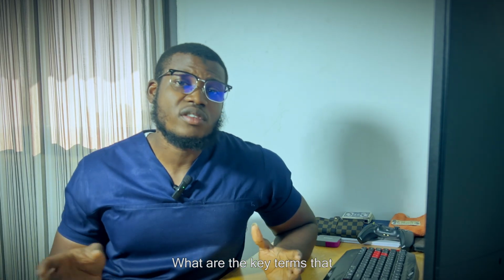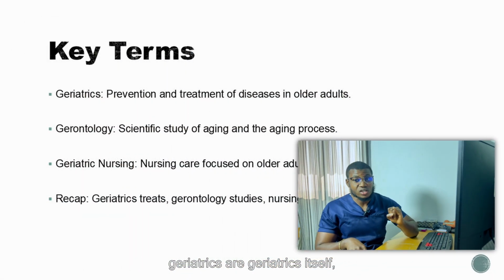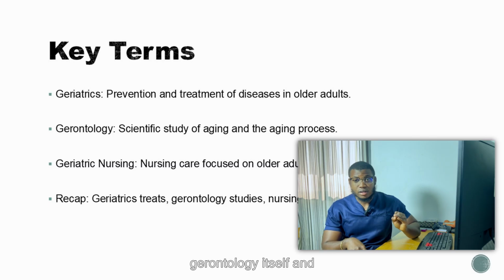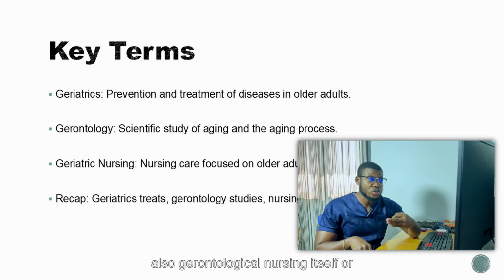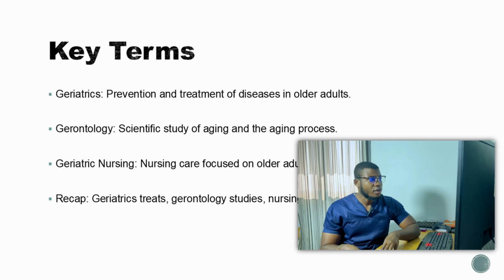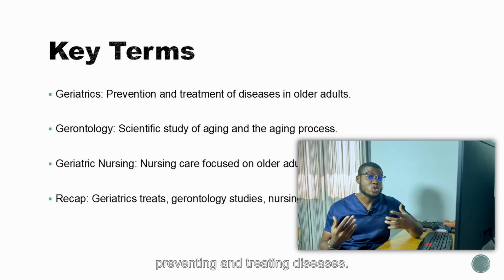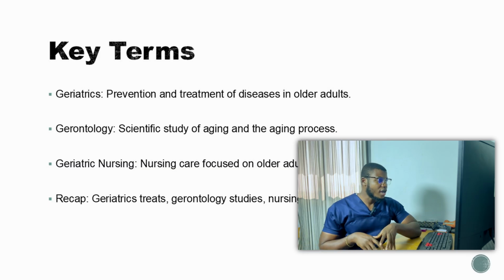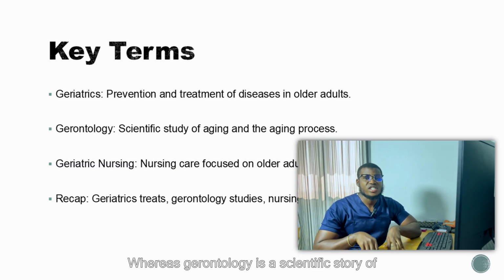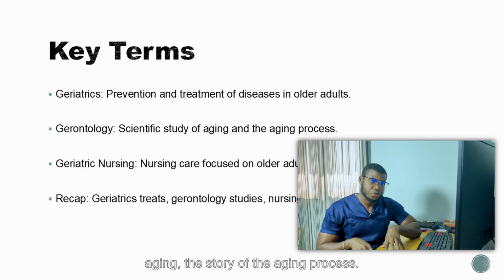What are the key terms that you can find in geriatrics? Some of these key terms are geriatrics itself, gerontology, and also gerontological nursing or geriatric nursing. Geriatrics focuses on preventing and treating diseases, whereas gerontology is the scientific study of aging, the study of the aging process.